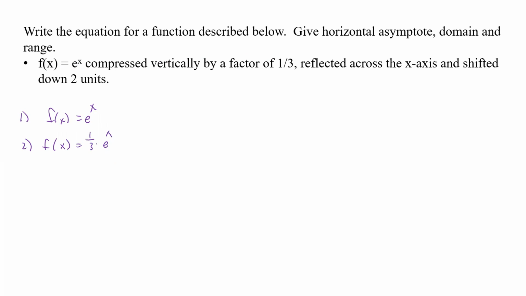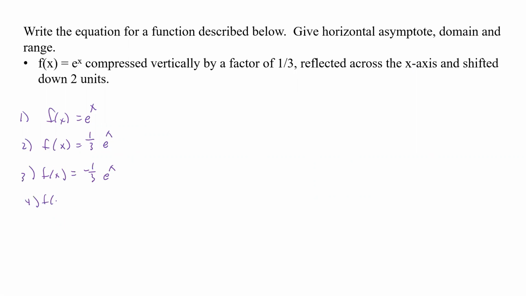So that's going to give us 1/3 of that. So it's going to push it down. And then it's going to be reflected across the x-axis. So 1/3 f of x is going to be reflected across the x-axis. So it's going to become a -1/3 e to the x. And then the last one says shifted down 2 units.